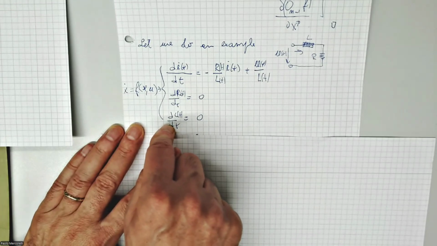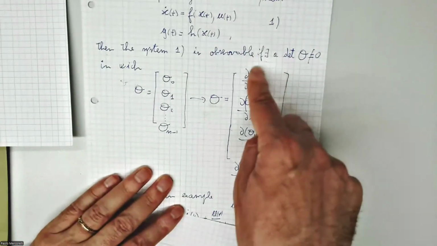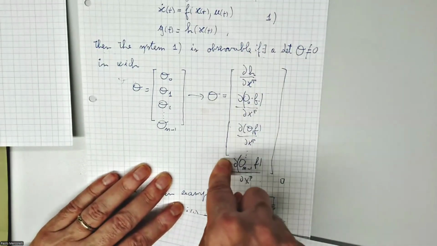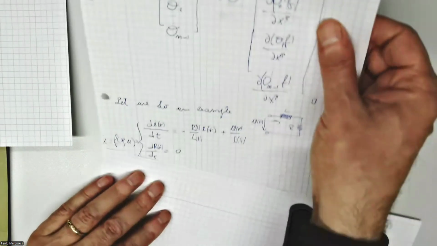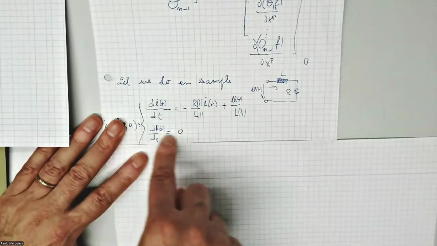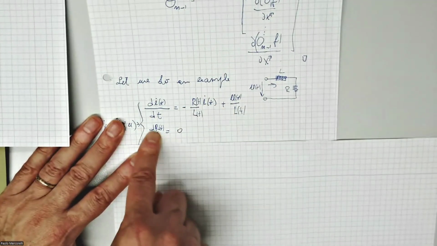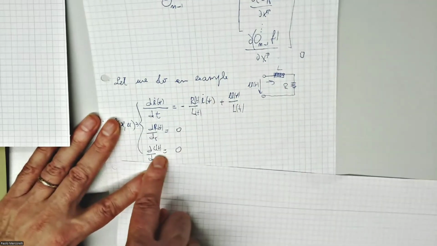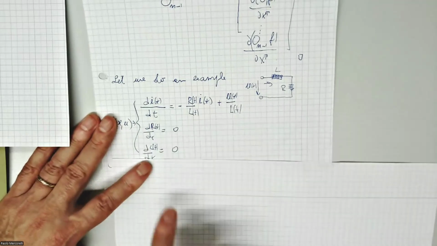And we will see which kind of condition we need to obtain the rank of this matrix equal n, which is, these conditions are more restrictive than if I consider just one parameter, for instance, R. But you can try to do at home L. Now we can see that with respect to 3 parameters, we have a less restrictive condition because, of course, with the same measurement, very important concept. In one case, we want to estimate 3 elements, current, R, and L. In the second case, we want to estimate just 2 elements.